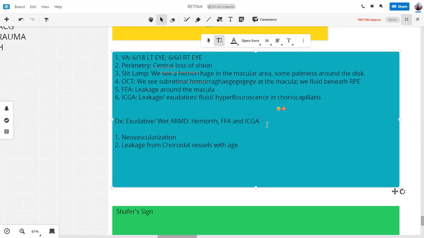Okay, microaneurysms, all that. In ICGA, microaneurysms are not so much present even in the choroidal vessels. They might relate to leakage of vessels, but that is not the case in this case. In our case, we have neovascularization and leakage from the choroidal vessels.